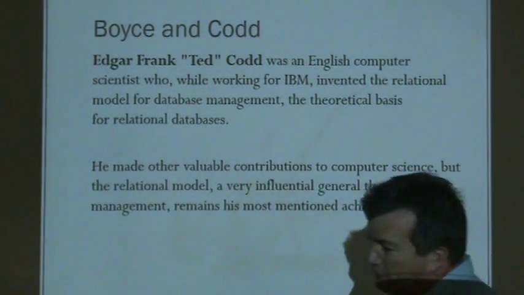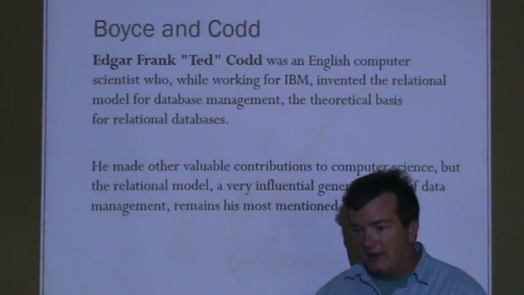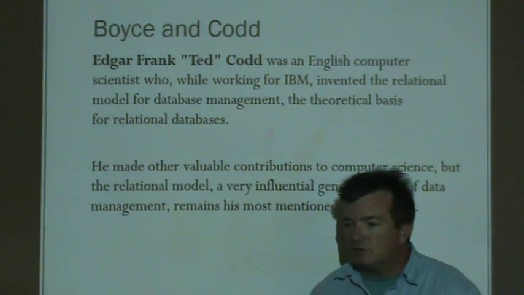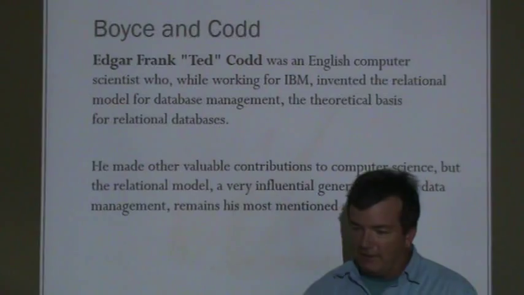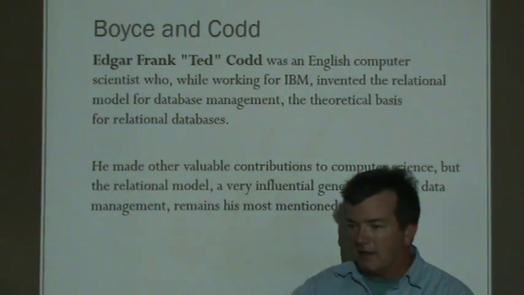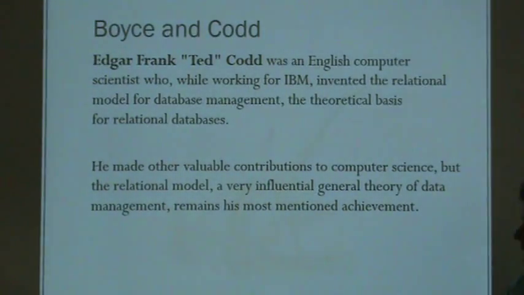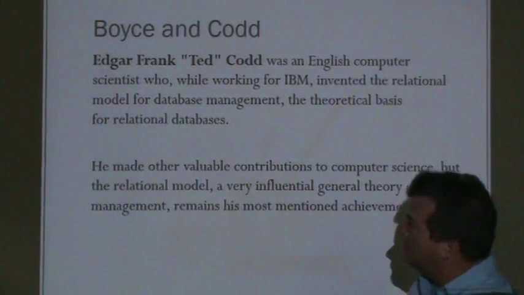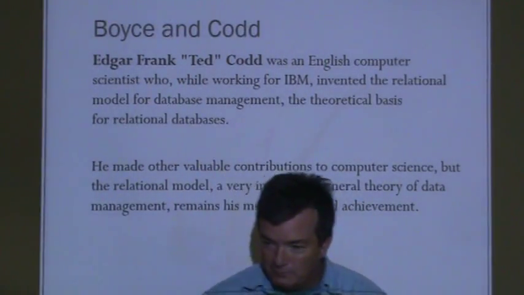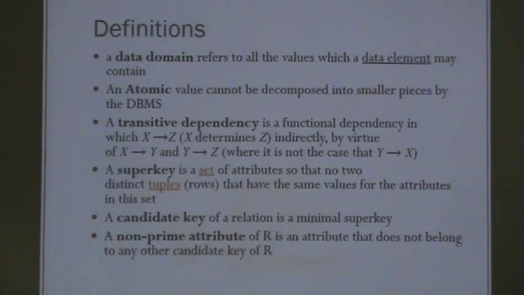Codd was famous for developing the idea of the relational database model, which is where you have tables with columns, and then the tables are interlinked with each other by having data in some of the columns be connected to foreign keys in another column, and so on. And Codd is probably still most famously known for the normal forms of data.